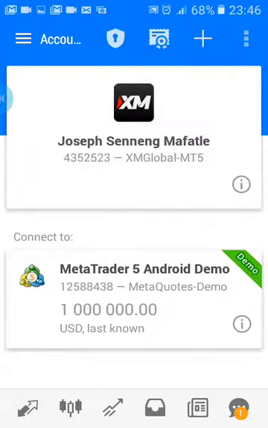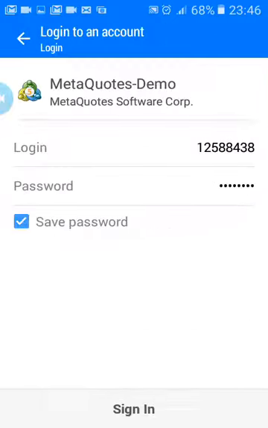Let me just show you. If you want to trade the demo account, you press it, there it is, reflected, and it has given me all my login details. You type in your login details and you save them, and the minute you log in, it will show you this part, and then you sign in, and there you are.